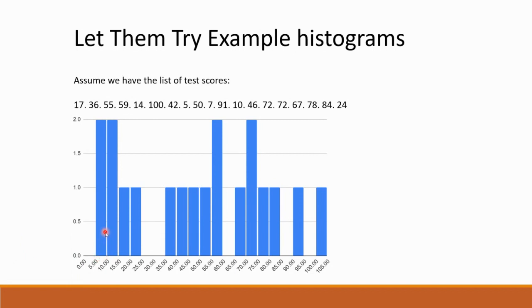So numbers greater than or equal to 5 and less than 10, we have 5 here, we have a 7. Those would be in here. 7 and 5 would be in here. That's why there's 2 of them in here.